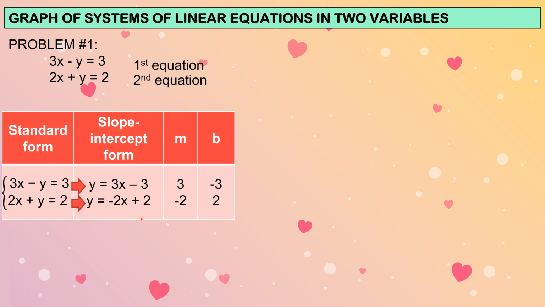So, magre-refer tayo dito sa ating slope-intercept form. Yung ating slope is 3 and our y-intercept is negative 3. For our second equation, our slope is negative 2 and our y-intercept is 2.